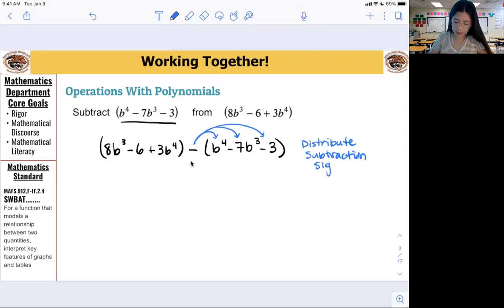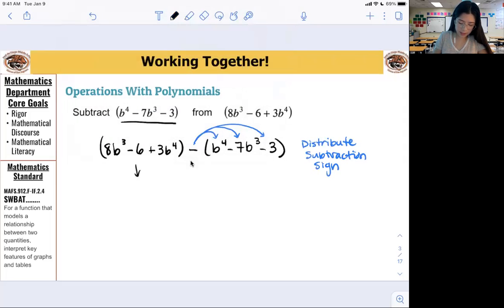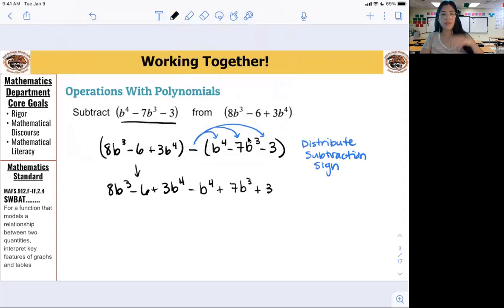All that does is flip all the signs. So this one stays exactly the same, but now I'm switching everything. So I have minus b to the power of 4 plus 7b to the power of 3 plus 3. I'm just flipping everything. And now I can combine all my like terms. Can anyone give me one pair of like terms?